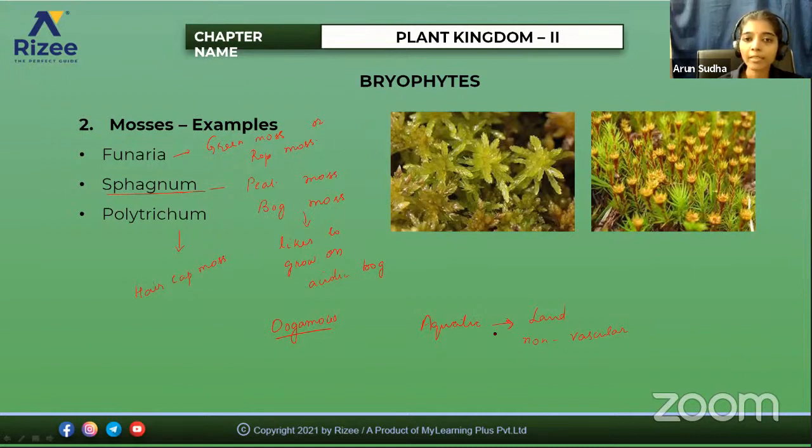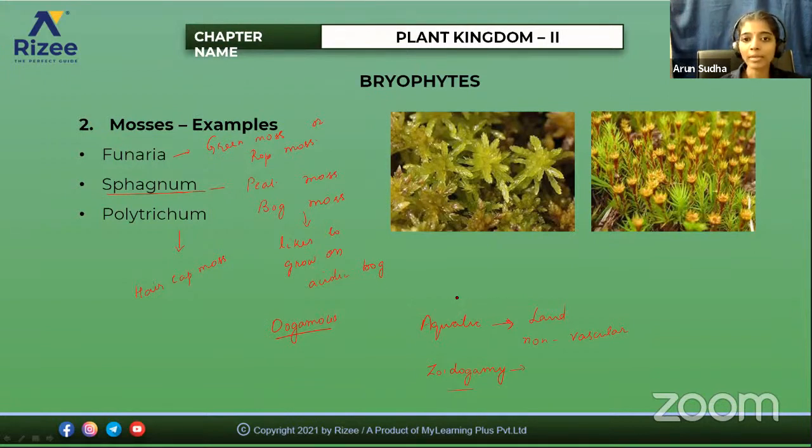And here they need water for reproduction, and the term is called zoidogamy. That is, if the male gamete swims in water to reach the female gamete and fertilizes it, that process is called zoidogamy. So there is a gradual transition from aquatic to land forms.